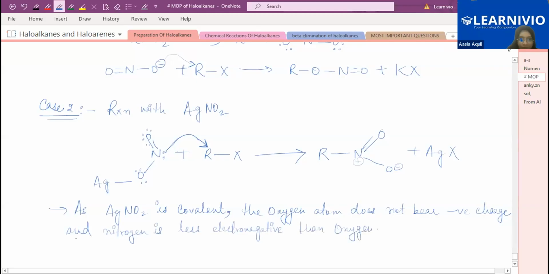So therefore, nitrogen attacks the alkyl halide, that is, the carbon of the alkyl halide, forming nitroalkane. Just remember that.